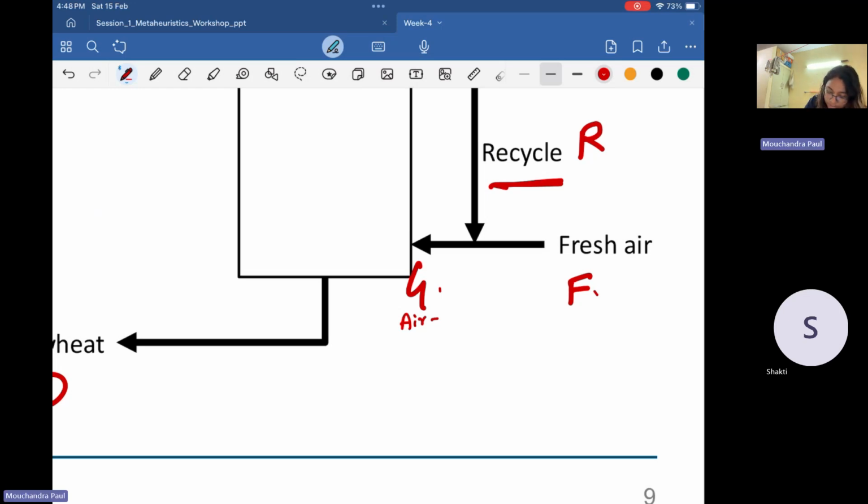now before we do that, let's consider a basis. What basis must we take? 1000 kg of wet wheat is fed. That is our basis. 1000 kg of wet wheat.